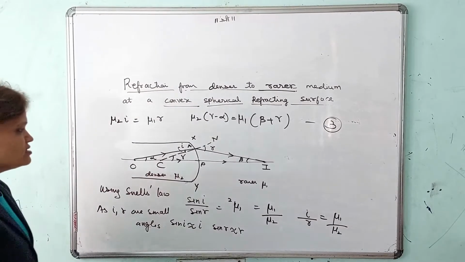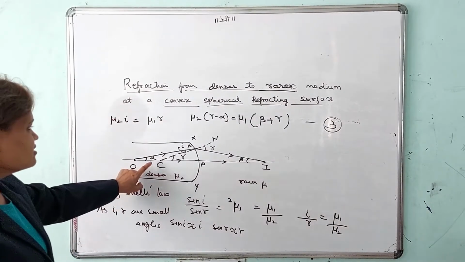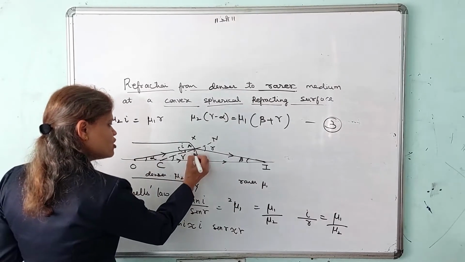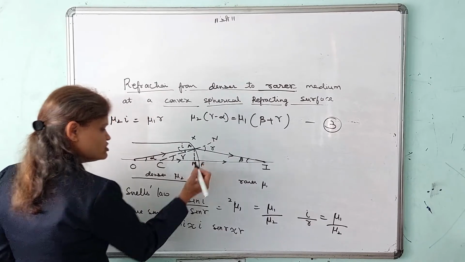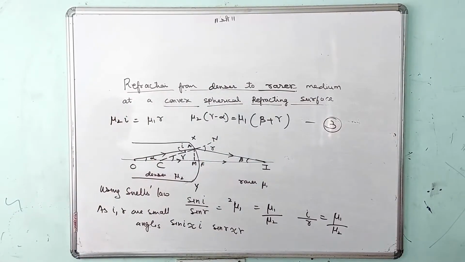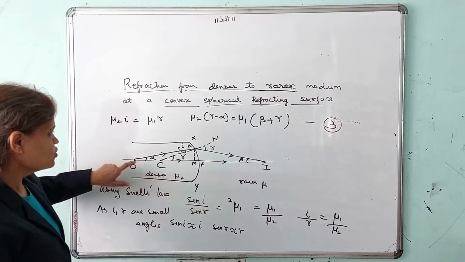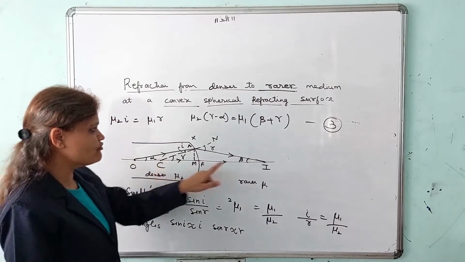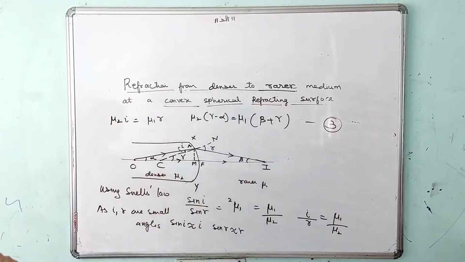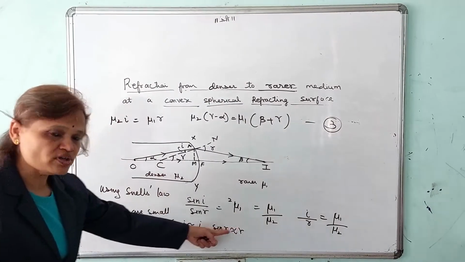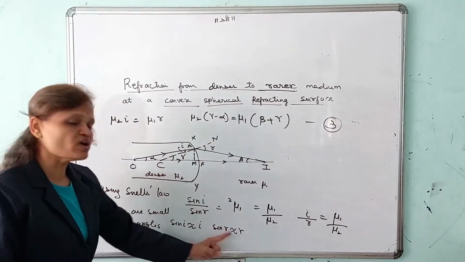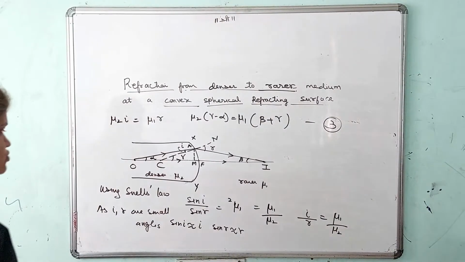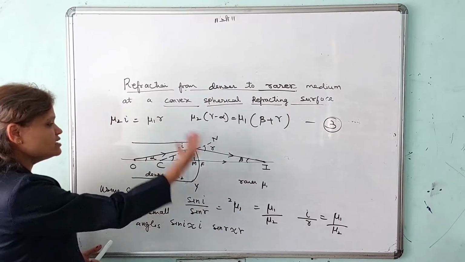Now once you get this, please see the angles alpha, beta, gamma. Now we are going to drop one perpendicular from A, which will intersect the principal axis at M. Now we'll consider the triangles AOM, ACM, AIM, so that we get these angles alpha, beta, gamma in these triangles. As the angles are very small, we have written that sin i and sin r are equal to i and r. Similarly, even tan of the angles is equal to the angle. So here I can find tan alpha and consider it to be alpha.